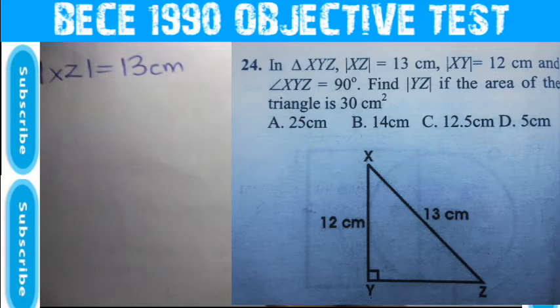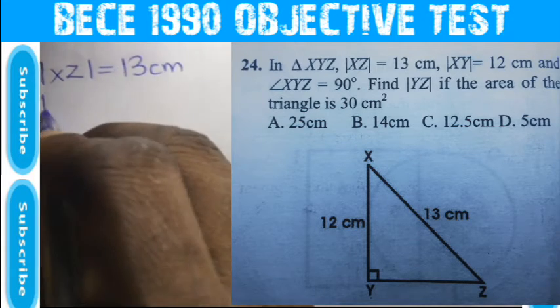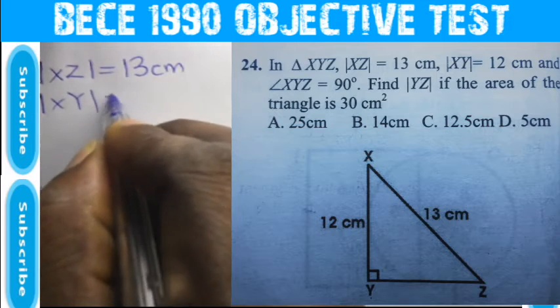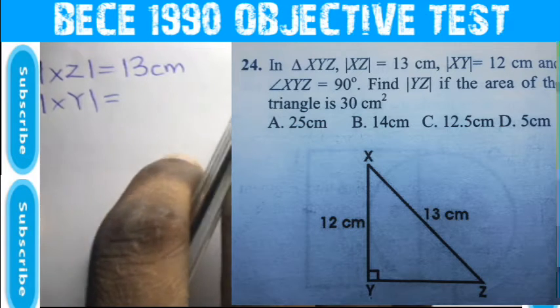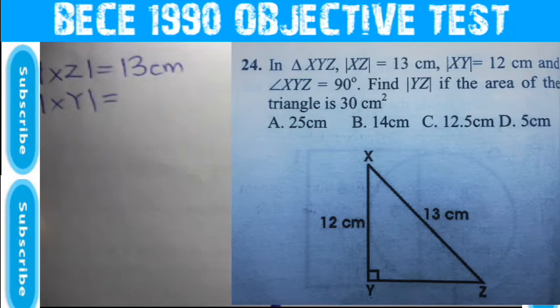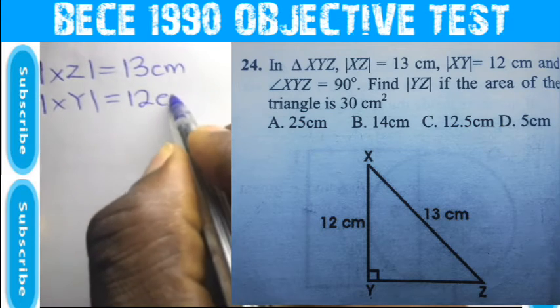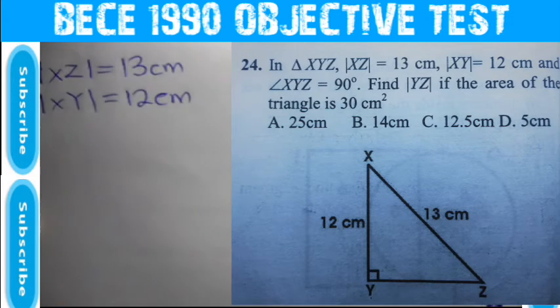And then we have another length XY, which is equal to 12 centimeters. So now there will be the need for us to find the length YZ.